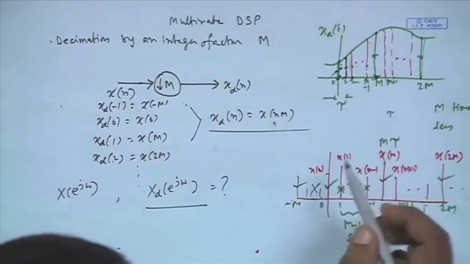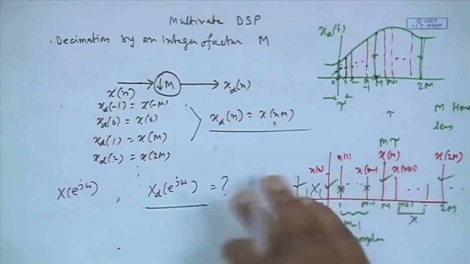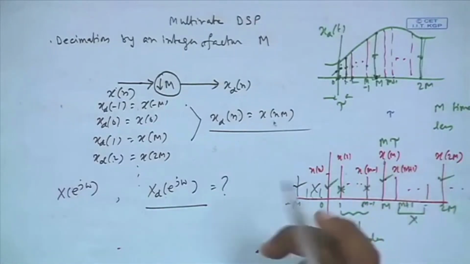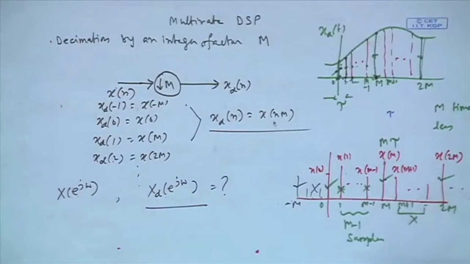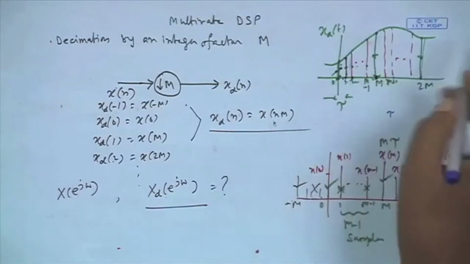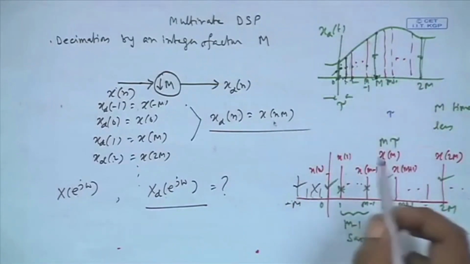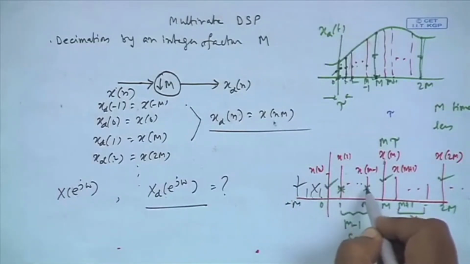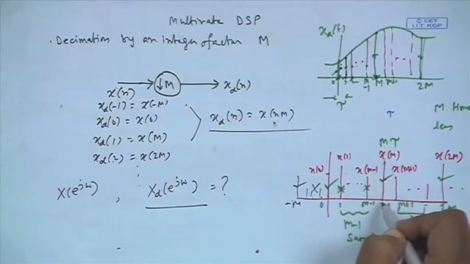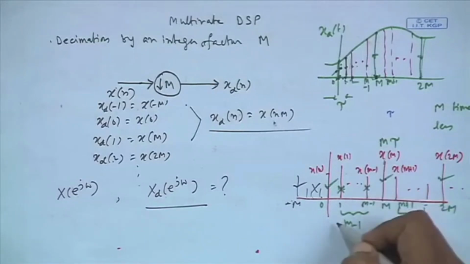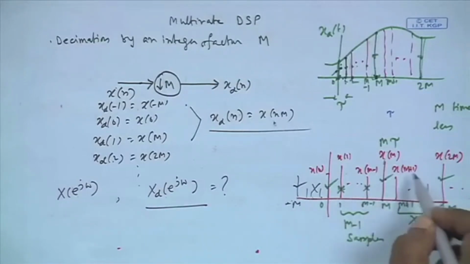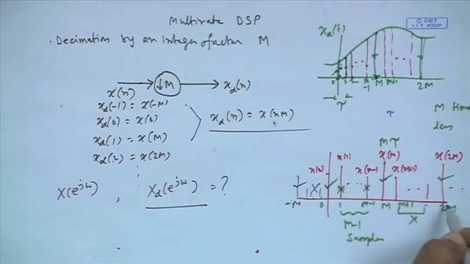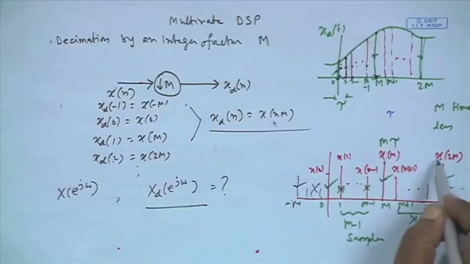Alternatively, the sequence could have been obtained offline, you just generated this data through a computer or whatever, not necessarily obtained by sampling an analog signal. Even then, you take the 0th sample, then discard the next M minus 1 samples, then take the next sample, that is mth, call it sample number 1, then again discard the next M minus 1 samples, then take only the 2mth guy x2m, call it sample number 2, dot dot dot.